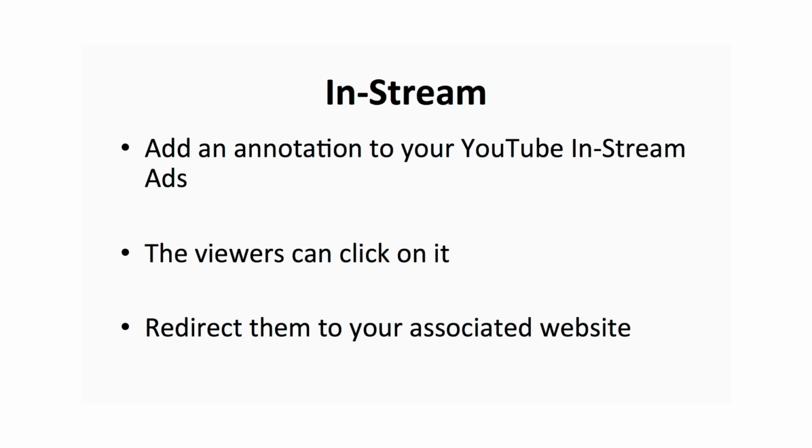In the final or destination URL, insert the URL of your associated website or squeeze page. So when viewers click on the link, they will be directed to your associated website or squeeze page instead. To set up the annotation on your in-stream ads, go to the settings for your in-stream section, and then type in the relevant URLs. And then just scroll to the bottom of the page and hit the Save button.